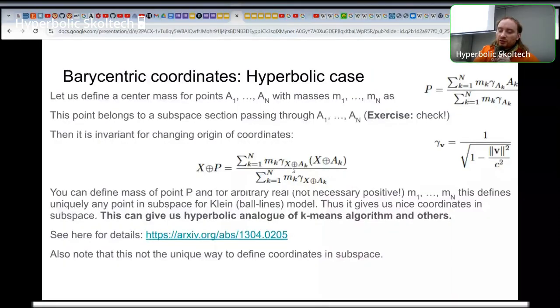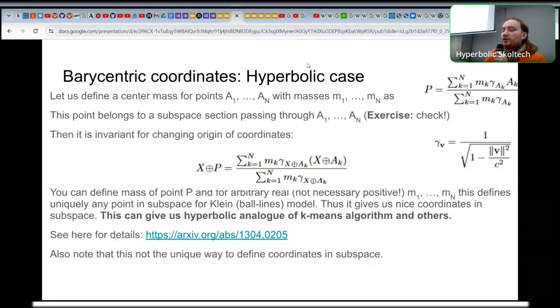So if you are taking the co-invariance of this mass center definition, then you just take gyro addition. But here, since it is a Euclidean sum, it is important to model hyperbolic space with the Klein model. Yeah, Klein model.